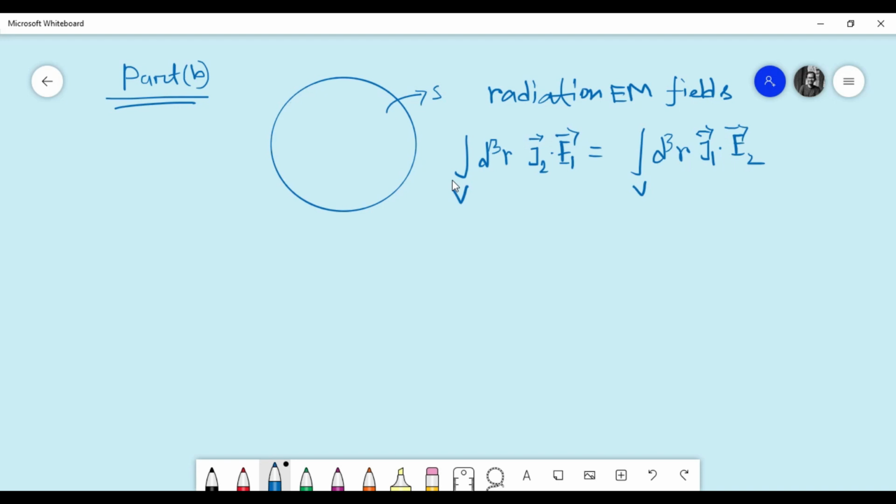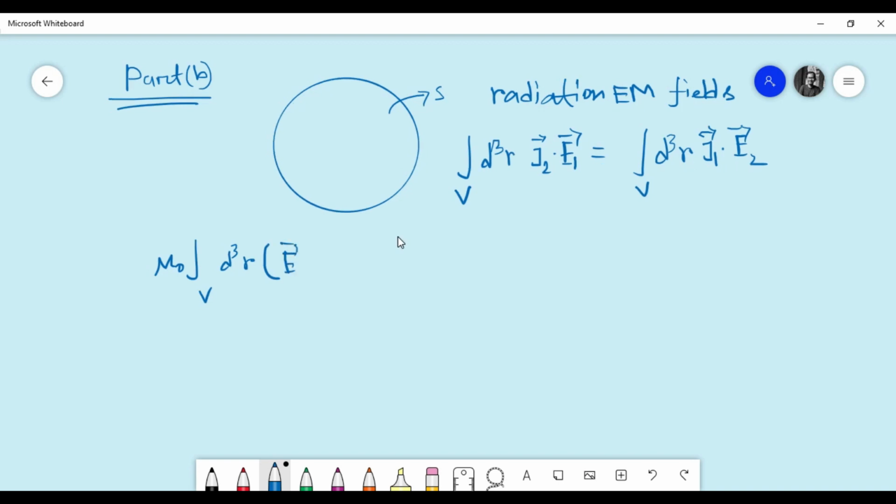So how to proceed here? So first, let's just simply write the Lorentz reciprocity theorem because we have to use that. So it's something like this. E2 dot Z1 minus E1 dot Z2 equals to the surface integral of this relation.